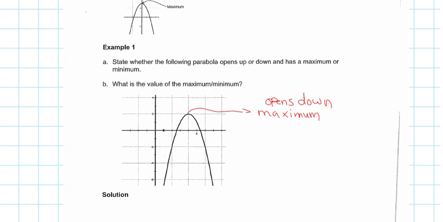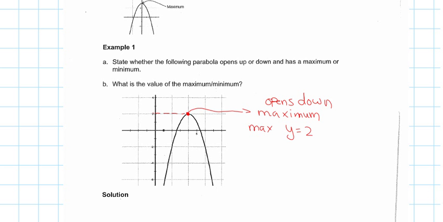Now, when I ask you what is the value of the maximum or the minimum, in this case it's going to be a maximum, you're going to look at the y value of this point. So this point right here, where is your y value of this point? 2. So the y value is 2. So therefore your maximum is at y equals 2. Does that make sense?